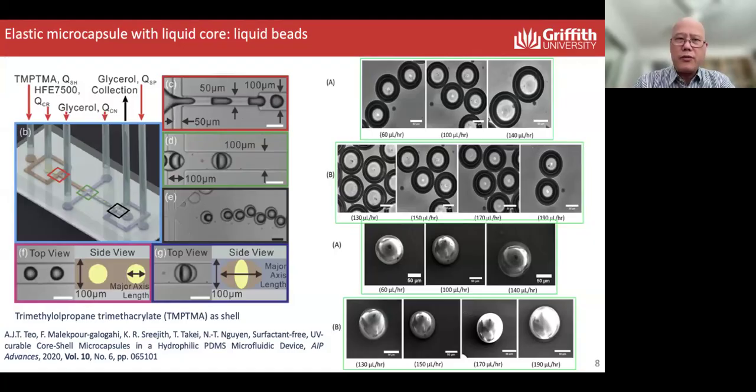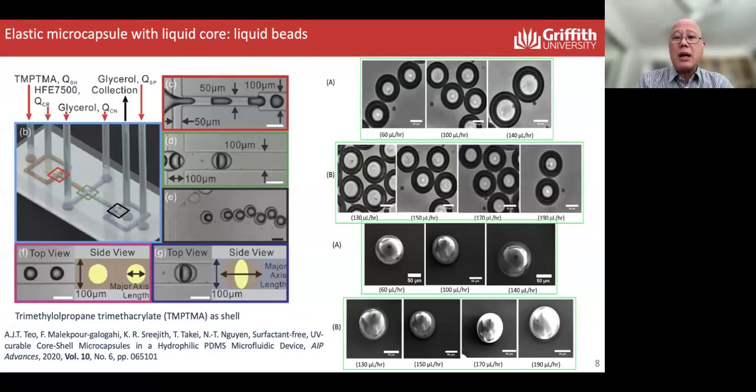So what we do is we form double emulsions: droplets with two layers, where the outer layer is a UV light curable polymer, or the outer liquid can be alginate gel, where you can solidify the alginate using calcium ions or other metal ions as well.